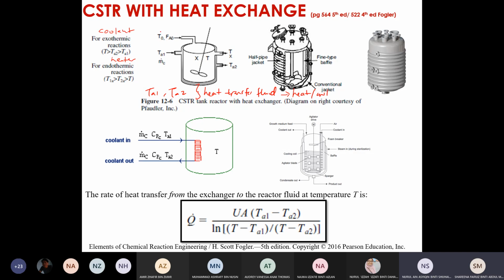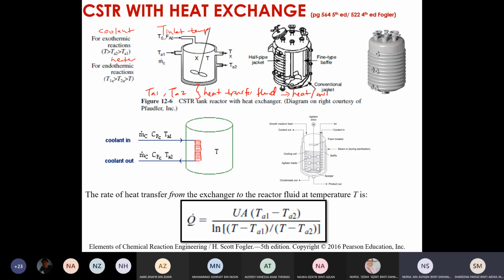Okay, and then we have a T ni adalah T temperature yang untuk reactor. Remember you belajar heat transfer, kita ada banyak benda term ni. T, TA1, TA2, T. Okay, so you kena tahulah A ni memang refer kepada heating fluid, heat transfer fluid element. Okay, T biasa ni adalah T temperature of the reactor, atau T0 lah temperature pada inlet.